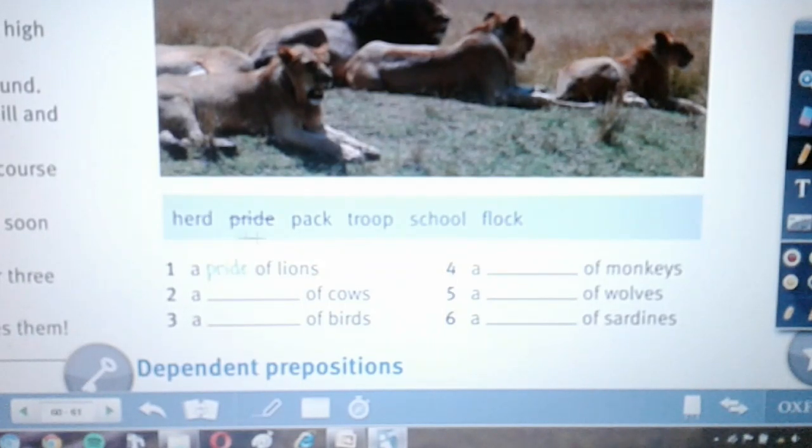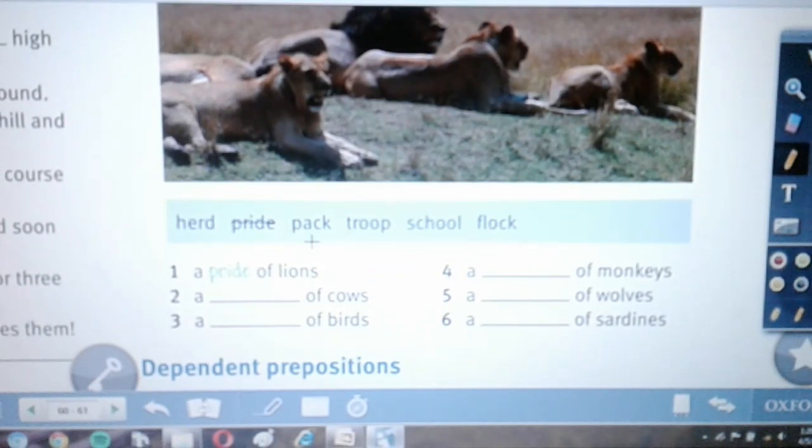And we use pack to call a group of wolves. We use troop to call groups of monkeys and apes.